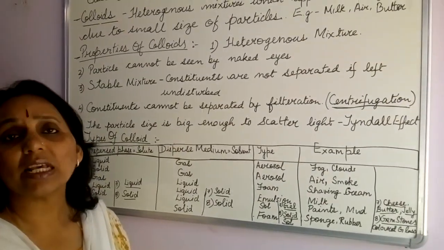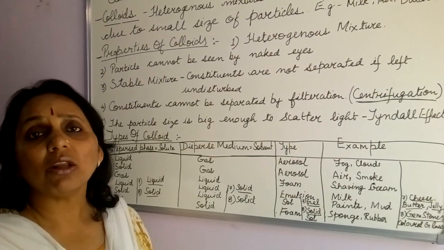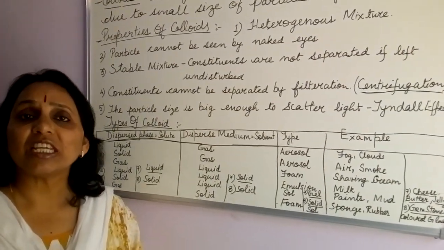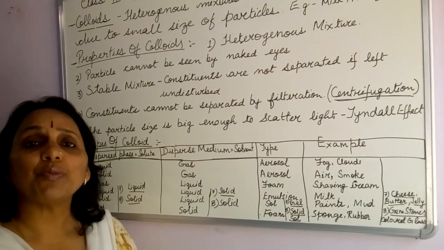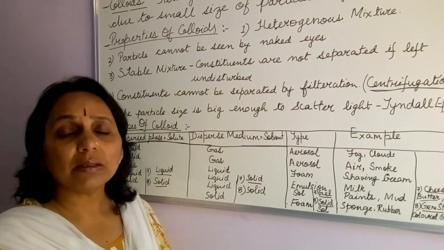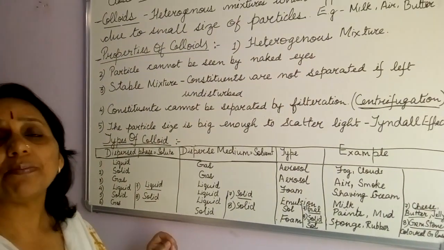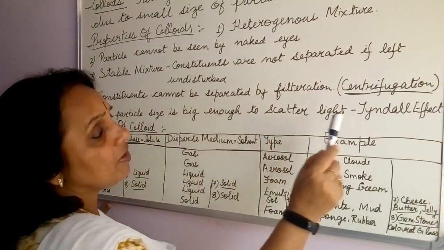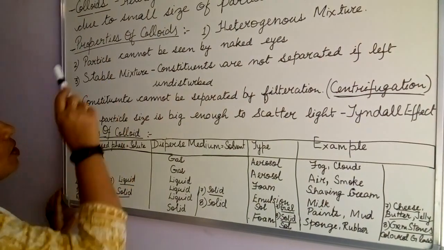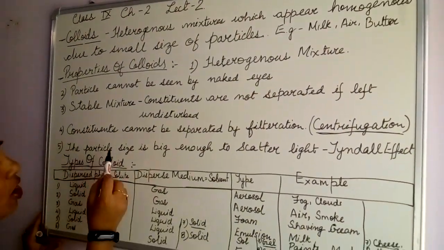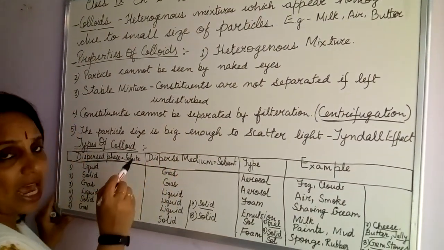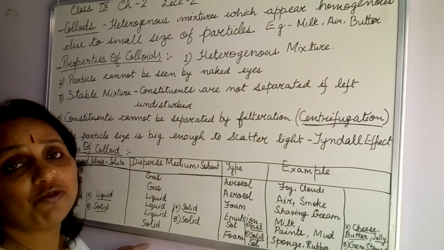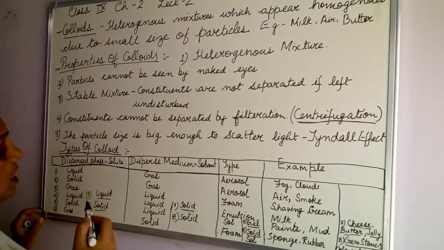I have given you the example of a cinema hall where the path of light can be seen. Why? Because the dust particles scatter the light and make the path of light visible. So the phenomenon of Tyndall effect is seen in case of colloids because the colloid particles are big enough to scatter the light and make its path visible. This is known as Tyndall effect.